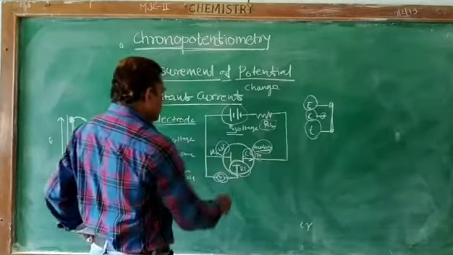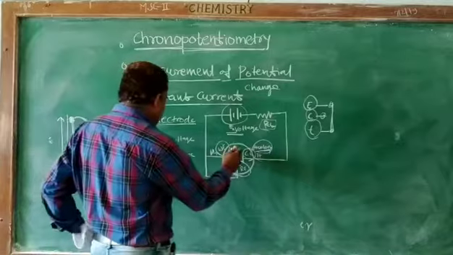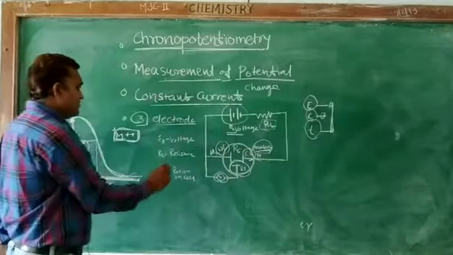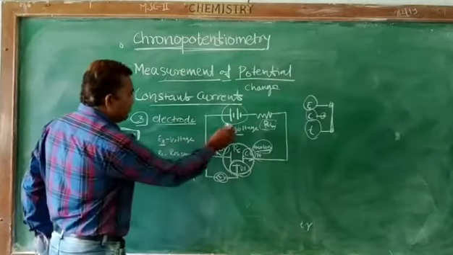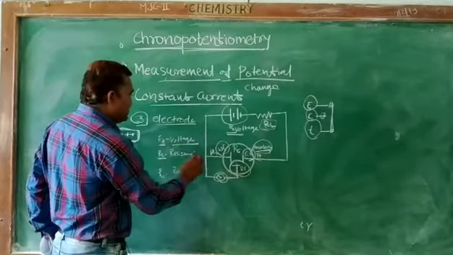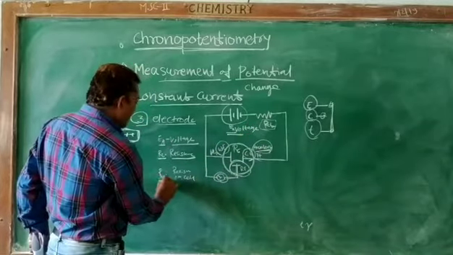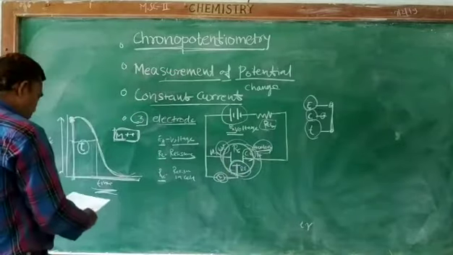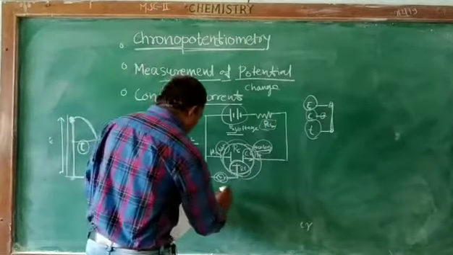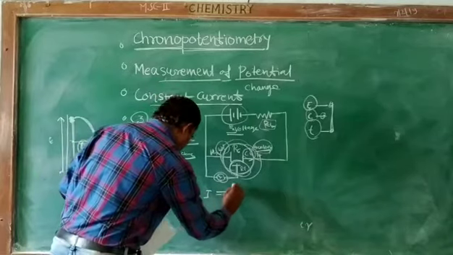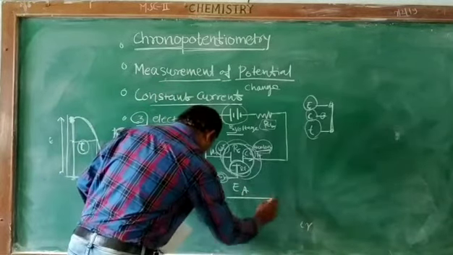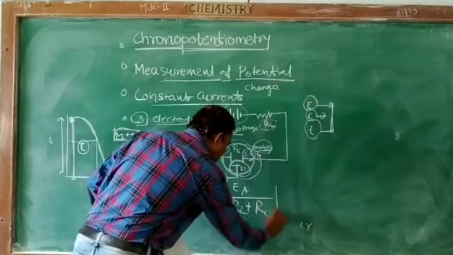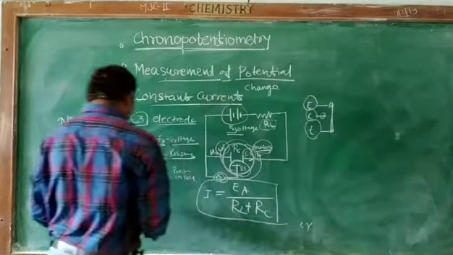We provide a battery, that is the voltage, to this system, and to control the resistance, there is RL. The resistance in the cell is denoted by RC. So in this figure we note EA, the voltage, RL, the resistance, and RC, the resistance in the cell. So we get the formula: current is equal to EA divided by RL plus RC.